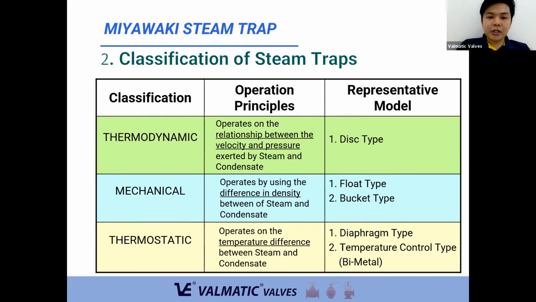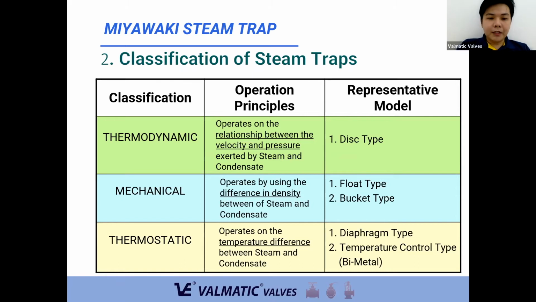The operation principle, as the name implies, thermodynamics: thermo stands for temperature, and dynamic is related to speed or velocity. So the operation principle is a relationship between the velocity and pressure exerted by steam and condensate. The changes of velocity and pressure make the steam trap open and close.